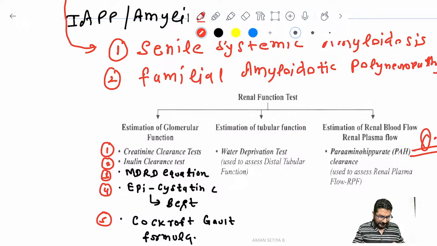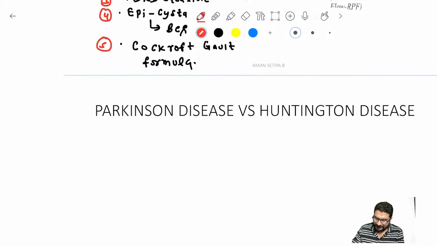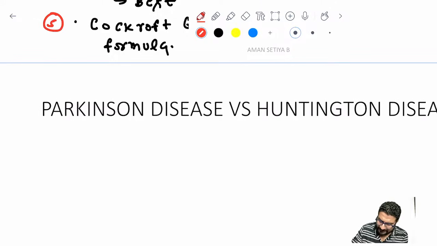Okay, now understand this thing. They ask you a question on Parkinson disease and Huntington disease. How can we differentiate? Remember, in Huntington disease, we gave a drug. Which drug do we give? Who will tell me? Kasan, Tarun, Junaid, Rabani. Try to answer which drug we gave in Parkinson and which drug we gave in Huntington.